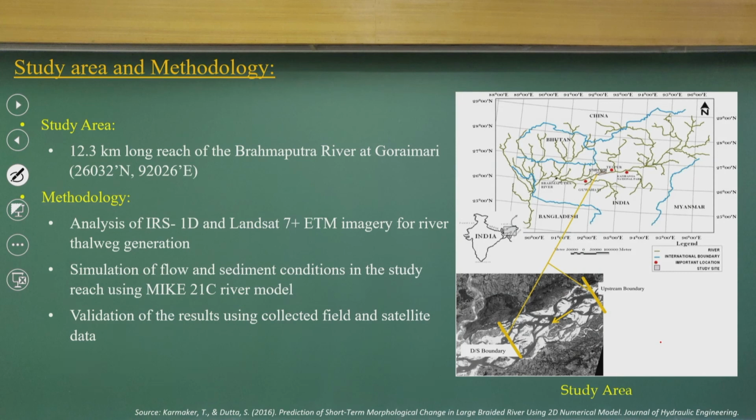Now, if you look at this river stretch, it is the middle part of the Brahmaputra River, about 13 kilometers. We used satellite data and river models, and we tried to collect field data and satellite data to validate the prediction of morphology, hydrodynamics and the beds.